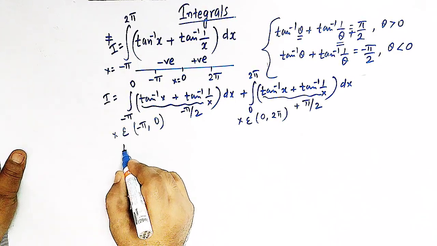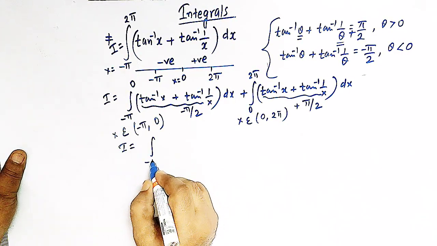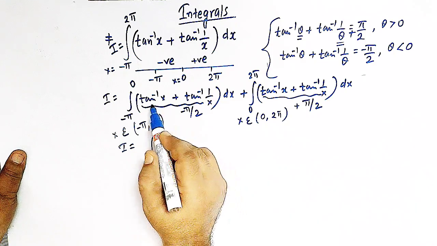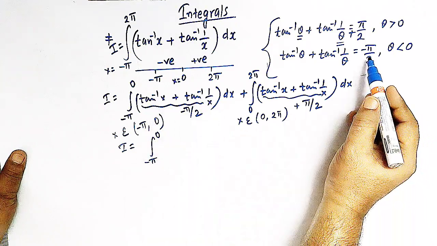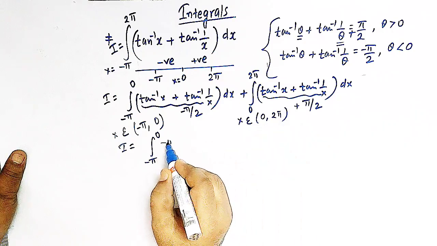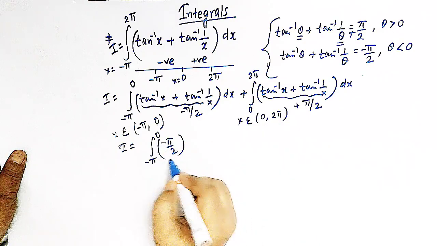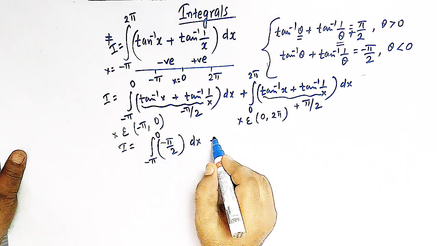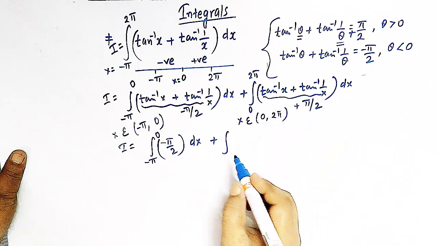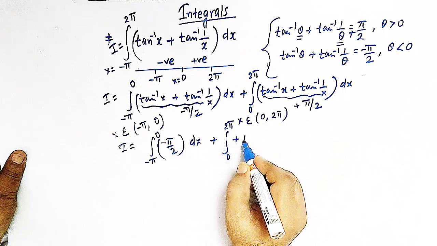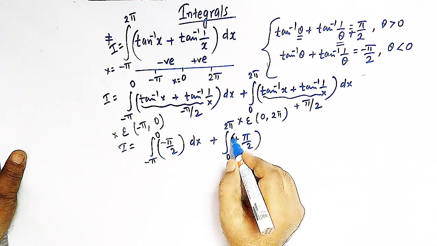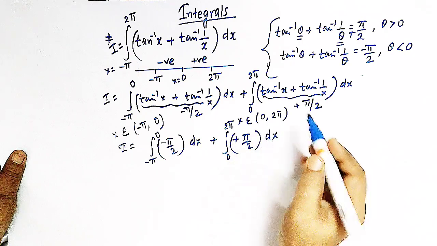So now I can be written as the integral from minus pi to 0 of tan inverse x plus tan inverse 1 over x, which is equal to minus pi by 2, dx, and in the second integral we have 0 to 2 pi, and here we have plus pi by 2 dx. Right?